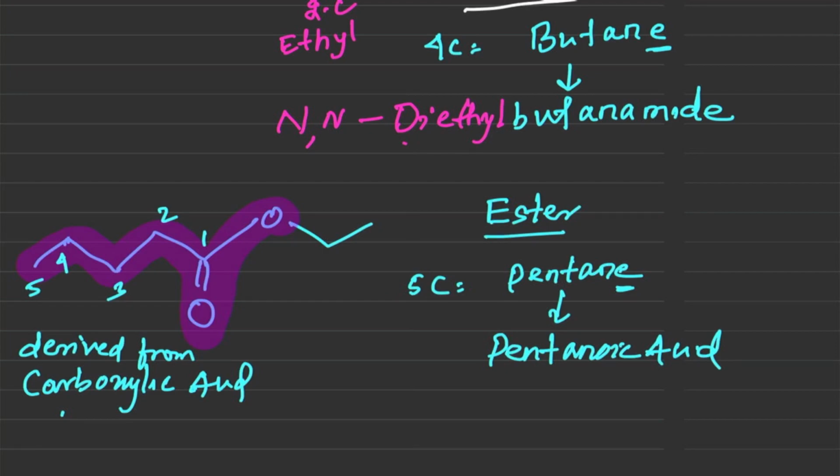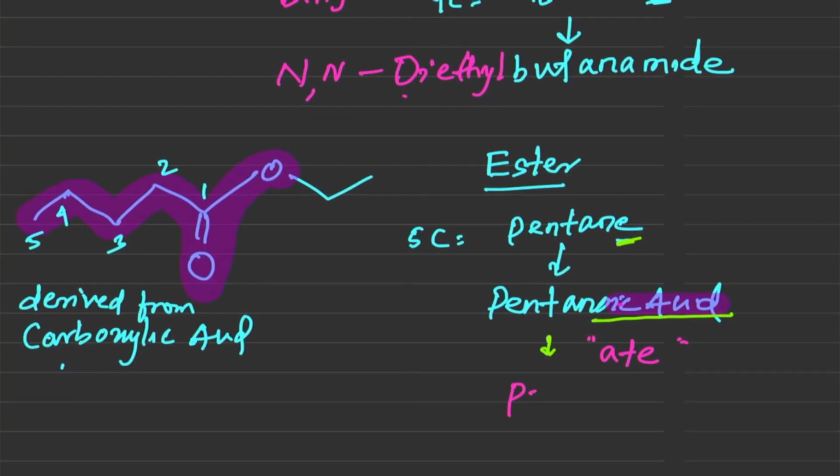Then E is replaced by oic acid, and then the ic acid is replaced by ate. So that's your pentanoate.